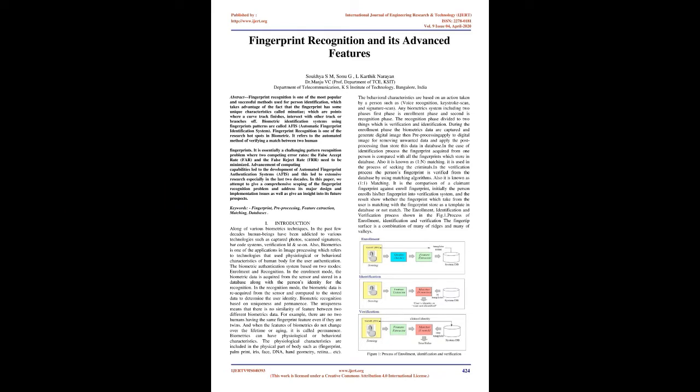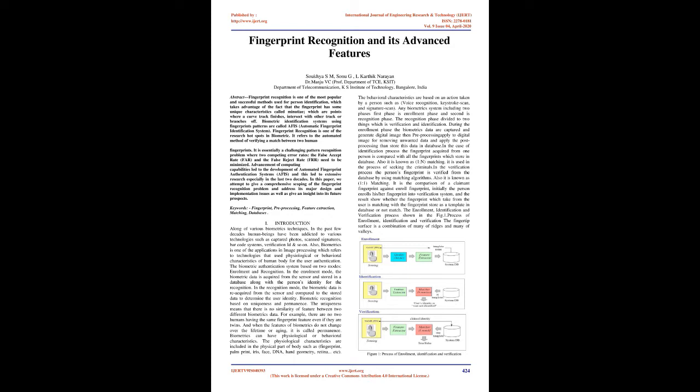Introduction. Along with various biometric techniques, in the past few decades human beings have become accustomed to various technologies such as captured photos, scanned signatures, barcode systems, verification ID and so on. Biometrics is also one of the applications in image processing, which refers to technologies that use physiological or behavioral characteristics of the human body for user authentication.